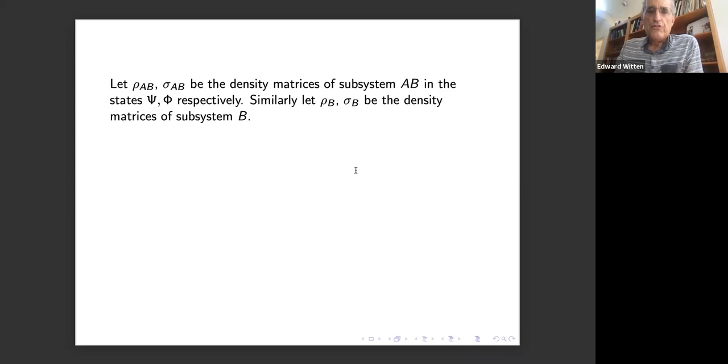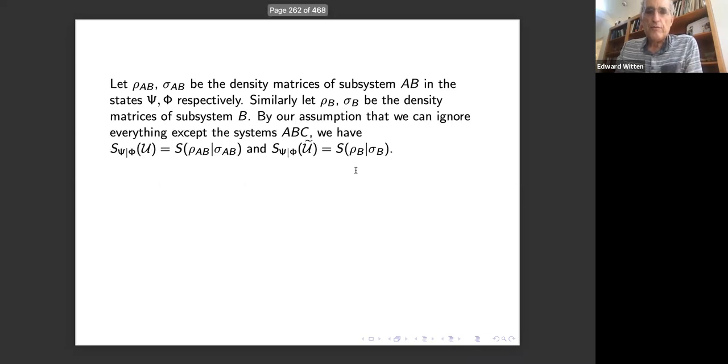Similarly, if you just look at system B, you have density matrices rho B and sigma B. By our assumption that we can ignore everything except the systems A, B, and C, the relative entropy in the region U is just the relative entropy between the systems A and B. And in U tilde, it's just the relative entropy between the two states of system B. So the relative entropy for AB is equal to or bigger than the relative entropy of B. So I feel that should be the proof.